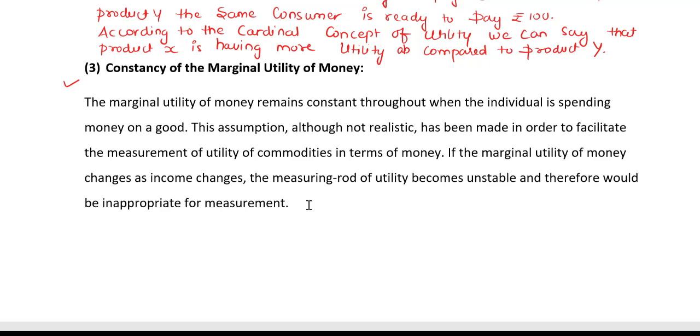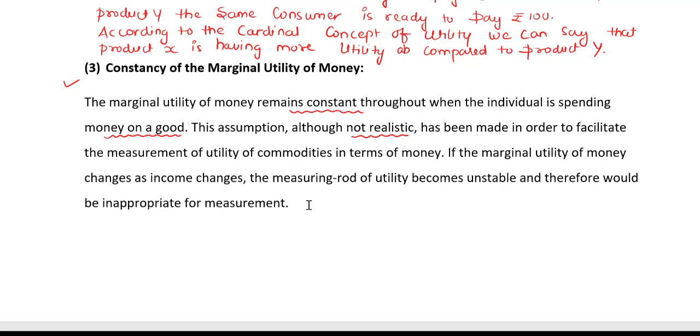So marginal utility of money remains constant. Now you can challenge this assumption, but over here it has been opted as an assumption because the author wants to prove something. Although this assumption is not realistic, I'll quote an example and you will understand why.